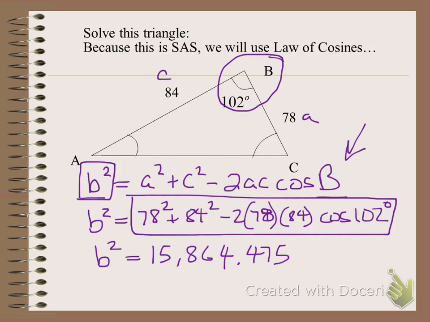Now, the great thing about that is in your calculator, you can keep all of them. Just keep this in your calculator, and then b is going to be equal to the square root of that, right? So you can take that number that's still in your calculator, just hit the exponent key. And how do we take the square root using exponents? 1/2. So raise that to the 0.5 power.